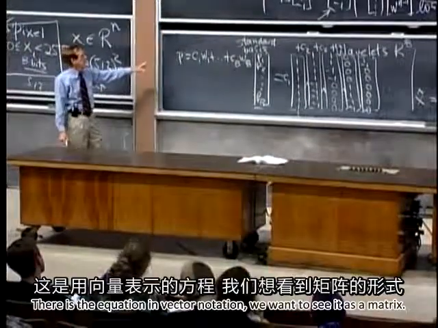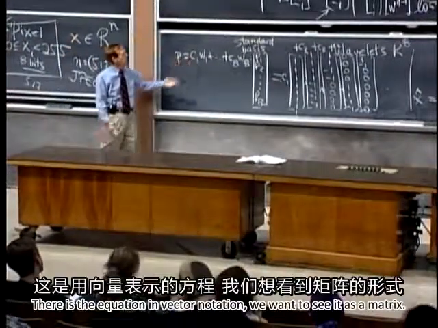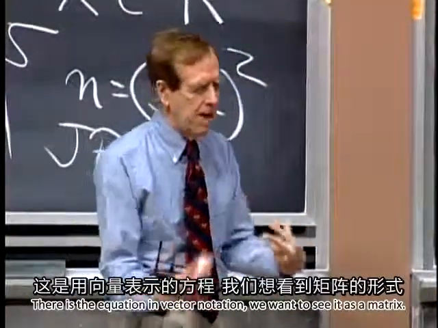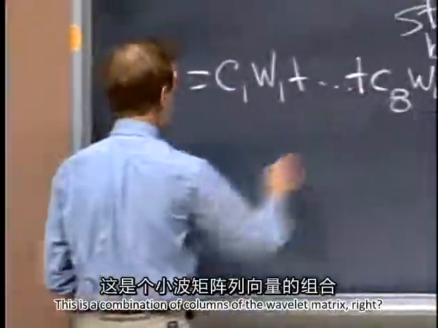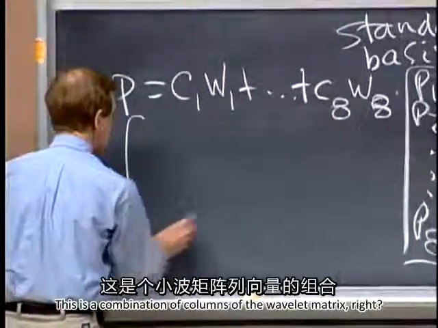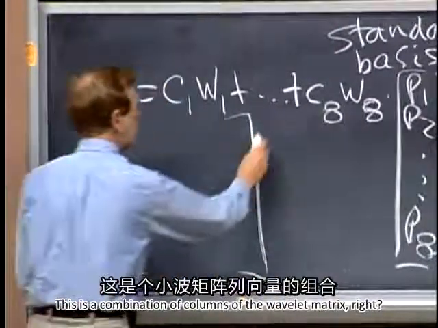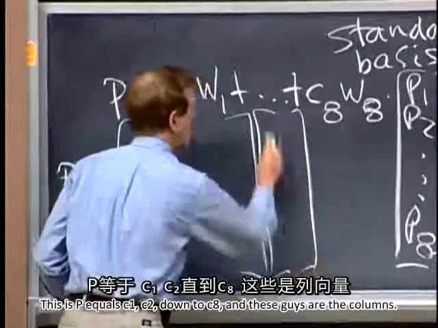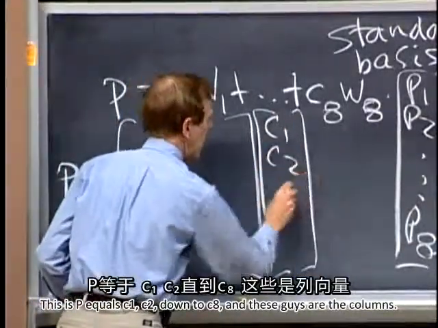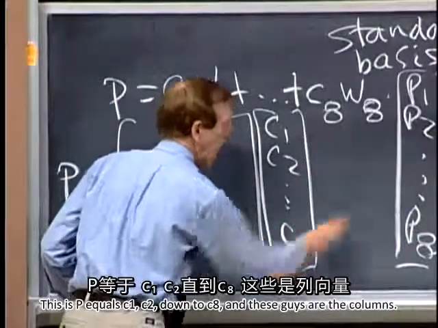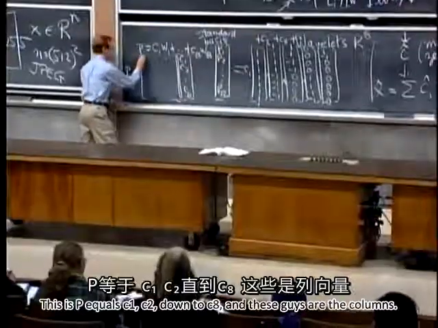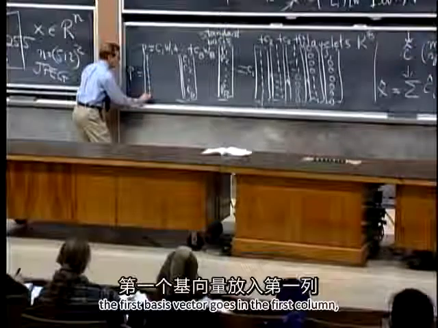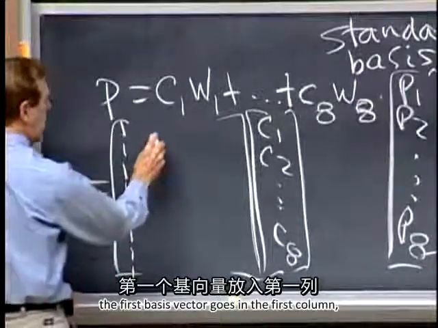We've done this thing before. There is the equation in vector notation. We want to see it as a matrix. This is a combination of columns of the wavelet matrix, right? This is P equals the wavelet matrix times C1, C2, down to C8. And these guys are the columns. This is the step that we constantly take in this course. The first basis vector goes in the first column.